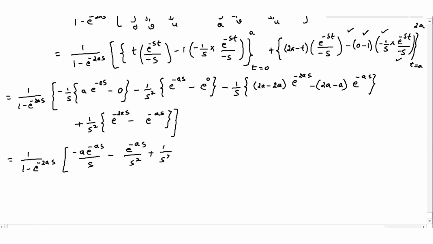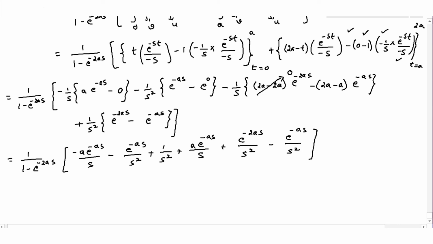This term 2a minus of 2a, this term will become equals to 0. So you can ignore that one. Next term will be minus of minus will be plus. 2a minus a will be a e power of minus of as divided by s. Coming to the next term in the next line that you have plus e power of minus of 2a s divided by s square. Then plus into minus will be minus e power of minus of as divided by s square.